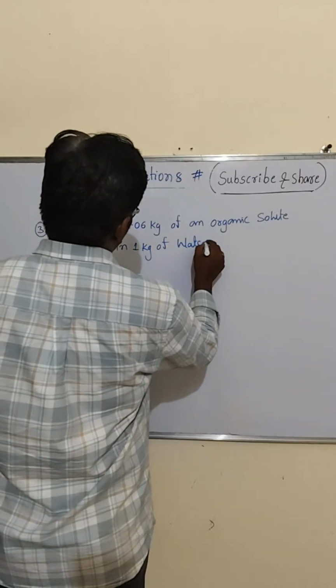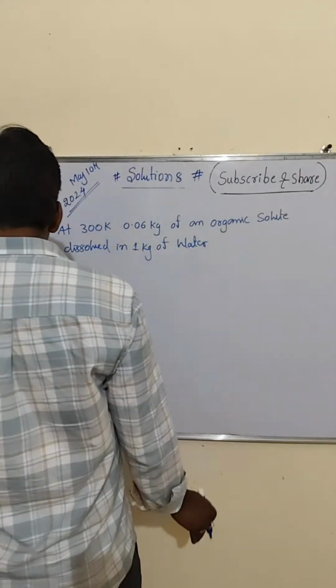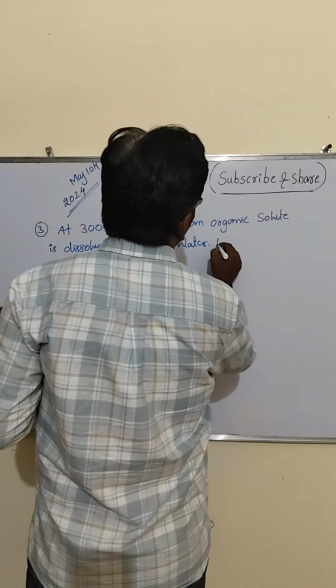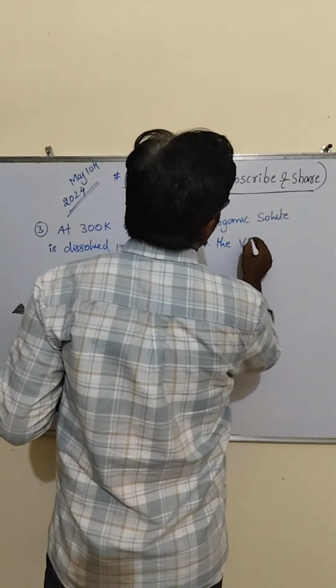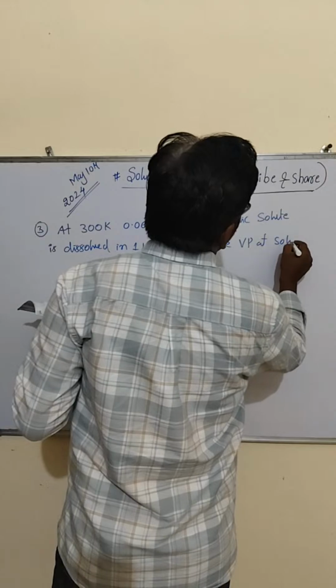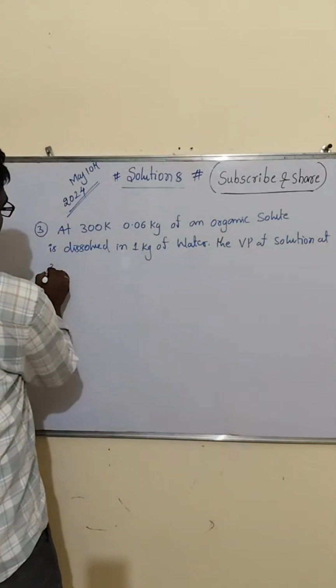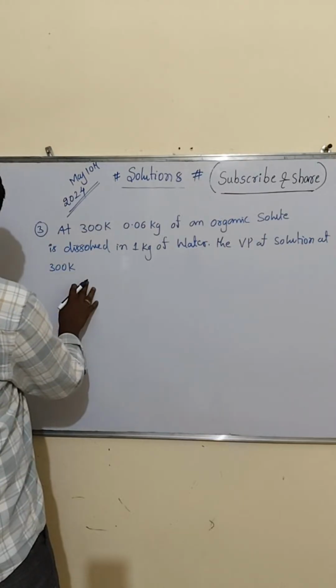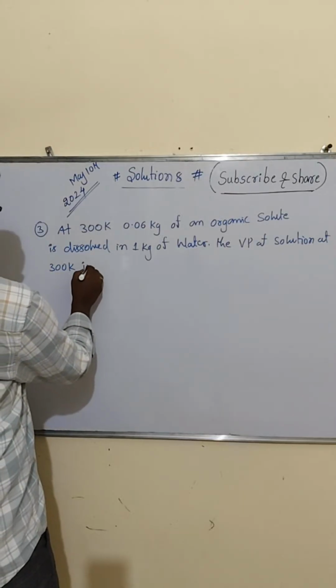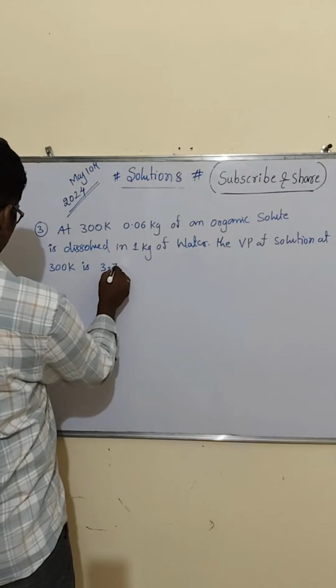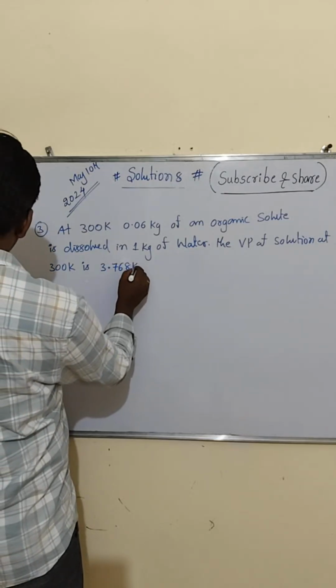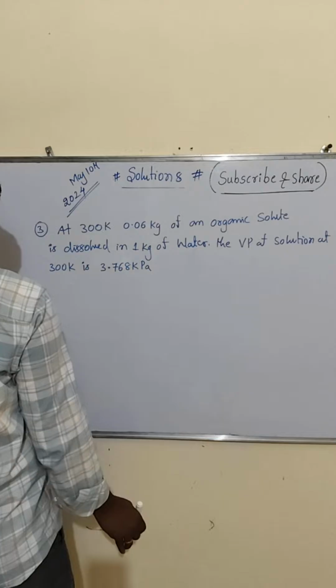So observe the question carefully. The vapor pressure of the solution at 300 kelvins is 3.768 kilopascals.